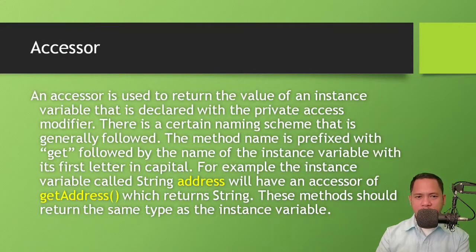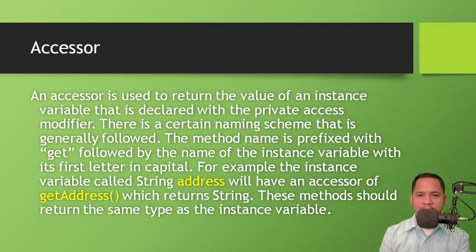An accessor is the method that is going to give the value to the one that is using it. The value of the instance variable, which is now declared as private using the private access modifier. There is a certain naming scheme that is generally followed here.